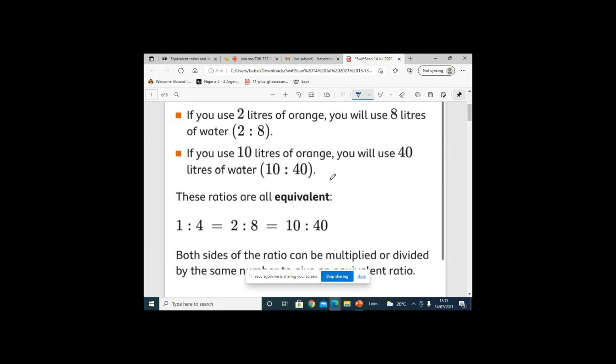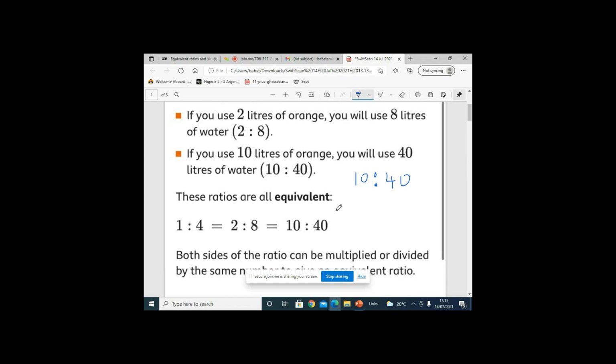There's a key thing that's normally 1 mark in the functional skills exam. It's called equivalence ratios. They will give you numbers and ask you to put them in the simplest form. For example, if you look at 10:40, both 10 and 40 are in the 10 times tables.